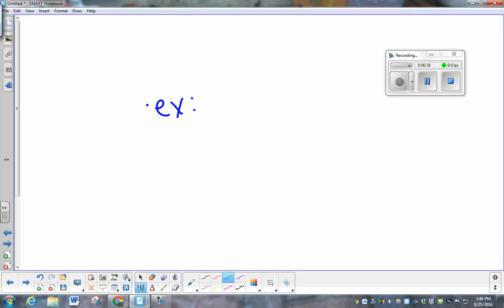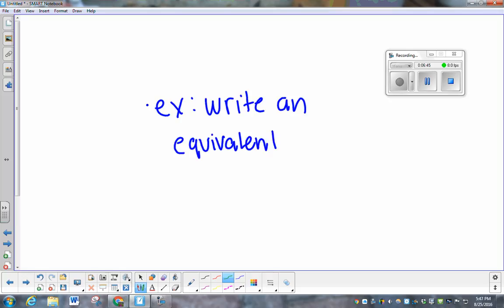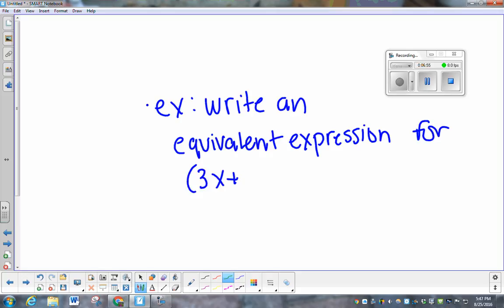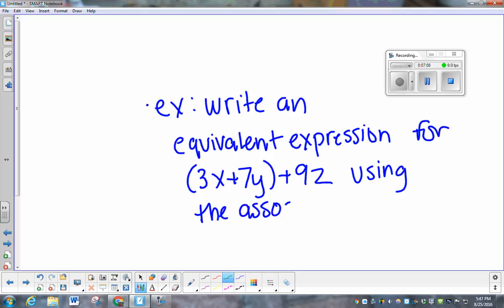It might say, write an equivalent expression for, in parentheses here, 3x plus 7y, plus 9z outside of the parentheses, using the associative law of addition.